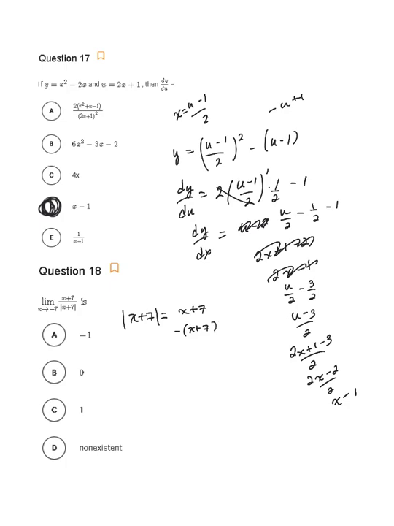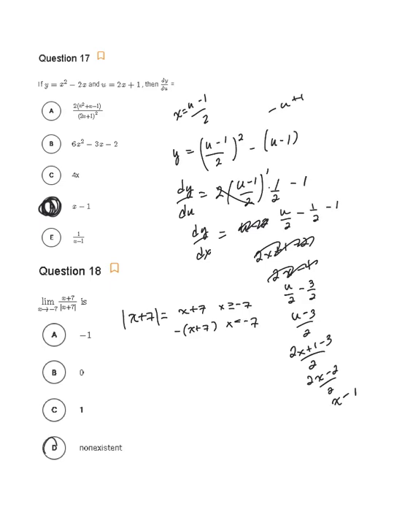On the inside, if you're greater than negative 7, it's positive. So when x is greater than or equal to negative 7, it's just positive. But when x is less than negative 7, then it's negative.